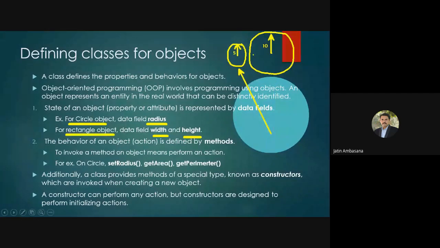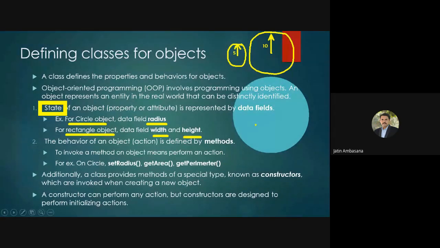Why? Because this one has got a different radius, or simply we can say this object has got a different state. What is the state? The state is that the radius is 5. So accordingly, the area will be calculated, and accordingly, the perimeter will be calculated. Similarly, this circle has got radius 10, so obviously its area is different and its perimeter is different. That's why the state of this circle is different.